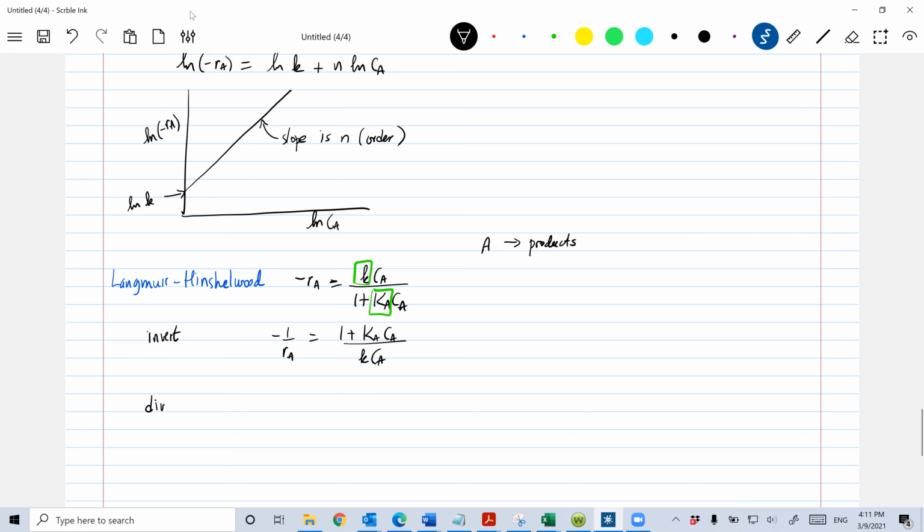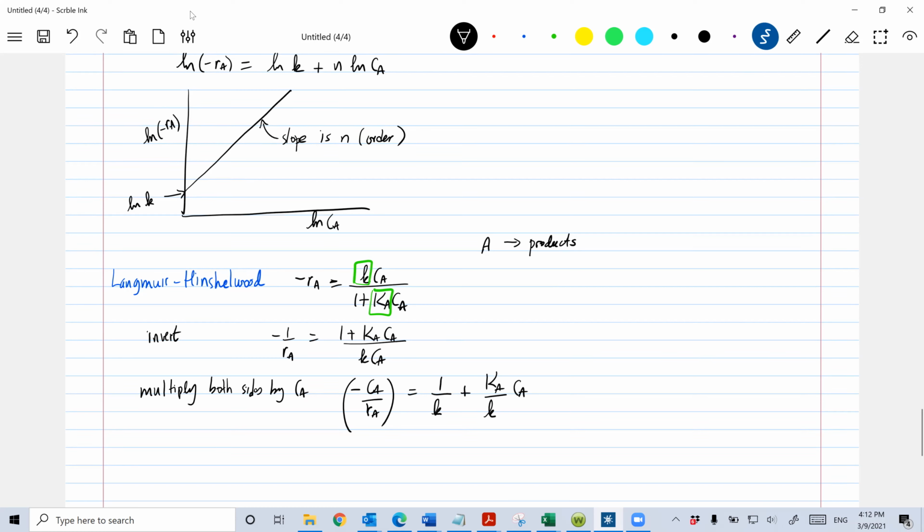If you multiply, sorry, both sides by CA, then you have minus CA over RA is equal to 1 over K plus KA over K CA.